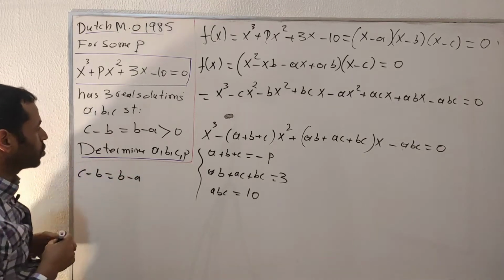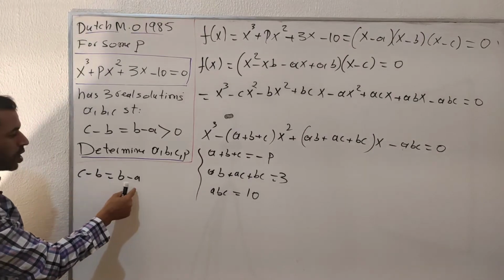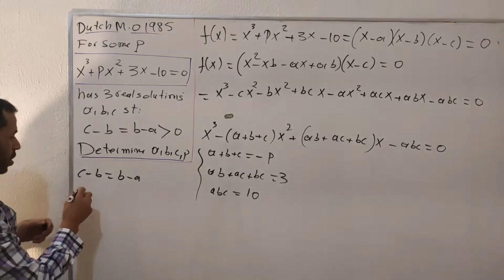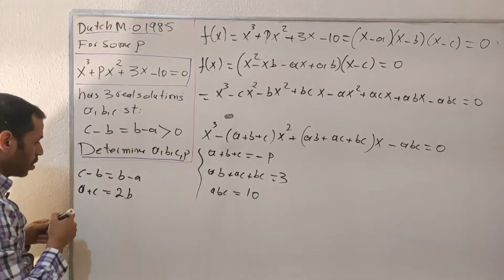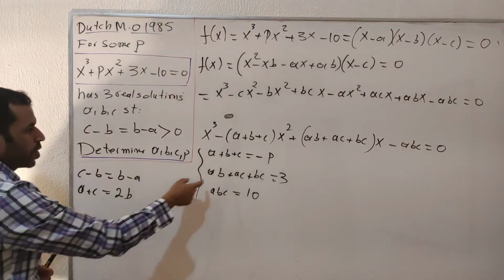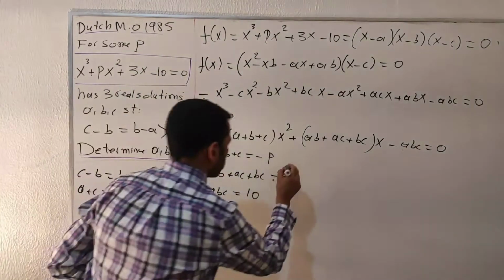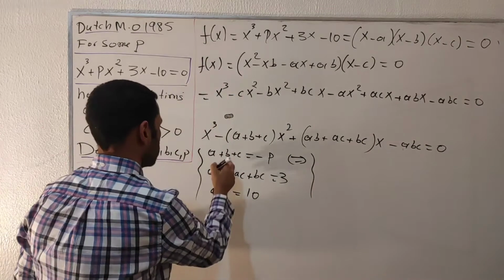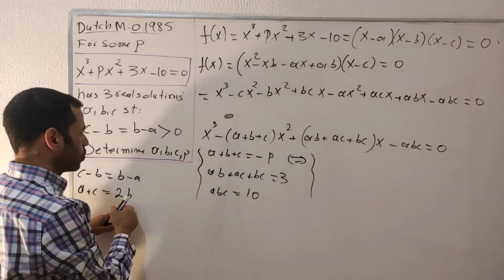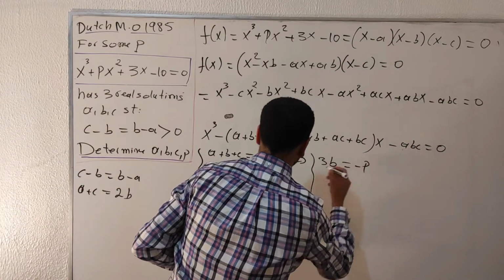Then moving minus b to the right and minus a to the left, I get a plus c equals 2 times b. I'm going to use this fact and replace it into the first equation. So I get a plus c equals 2b, plus this b, which is 3b, equals minus p.